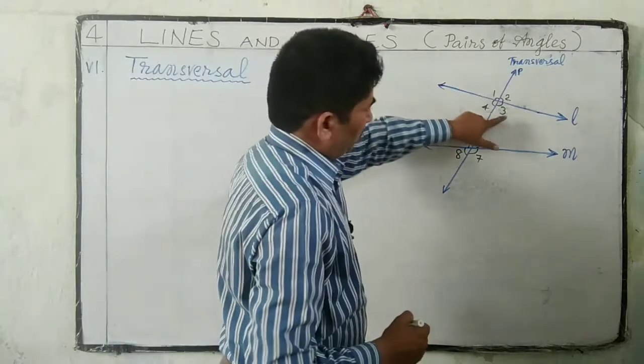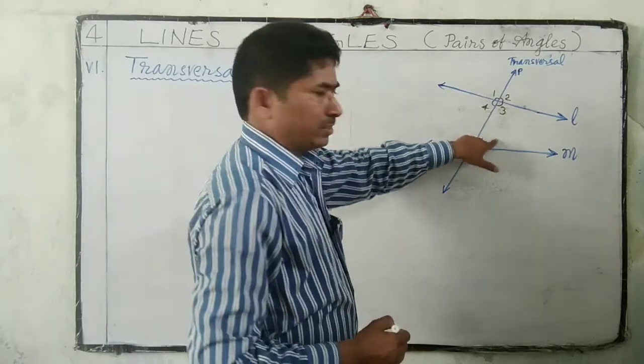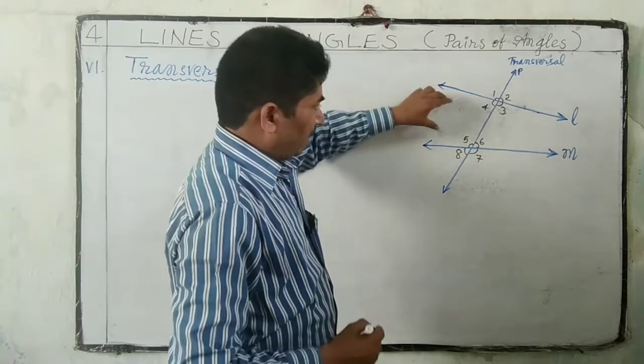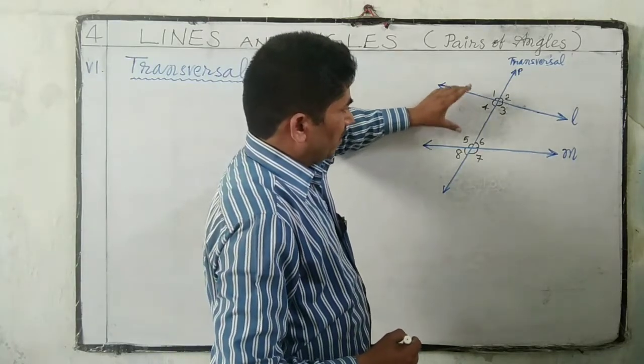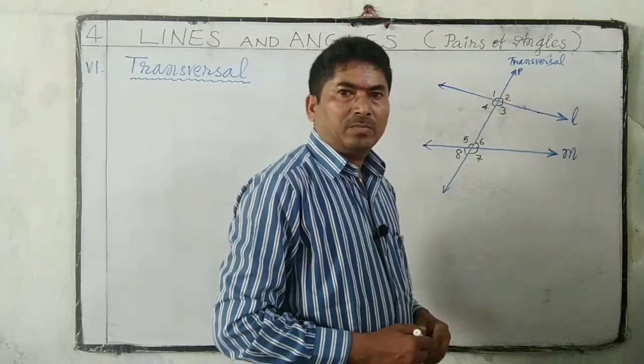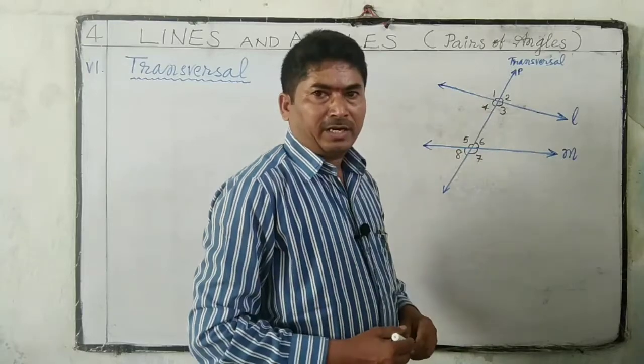These 3, 4, 5, 6 are called interior angles. The angles between 2 lines are called interior angles.